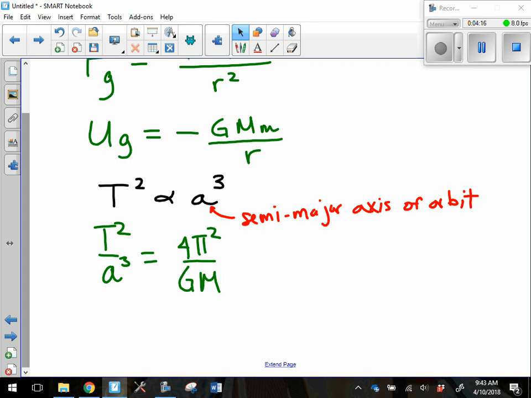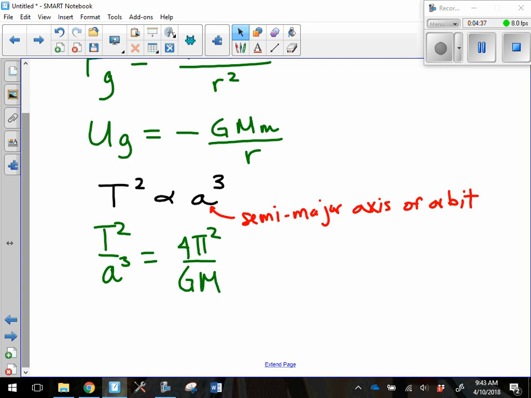Okay. When we're talking about the Earth and the sun, I think I've mentioned that astronomers will bend over backwards to make things equal to 1. We will use the funkiest units we can find or invent them. So what's the period of the Earth? How long does it take the Earth to go around the sun? 1 year.